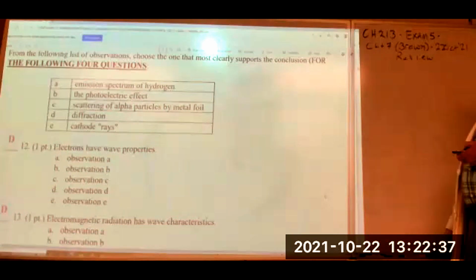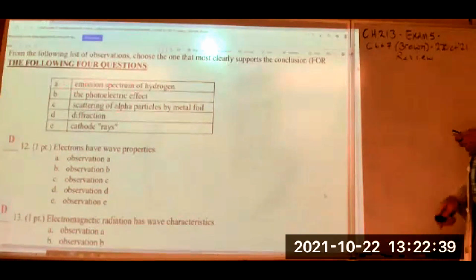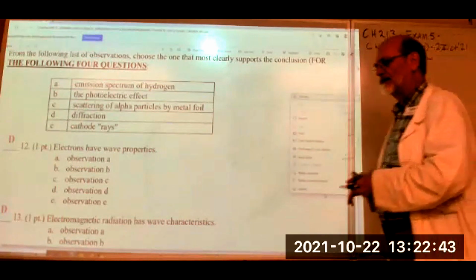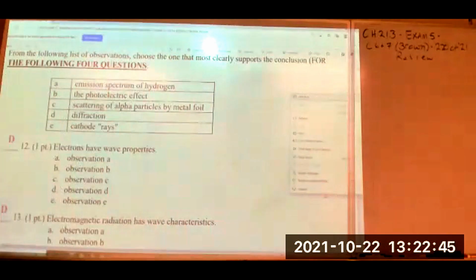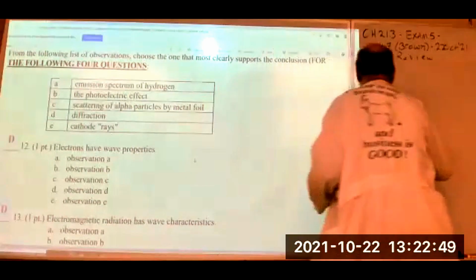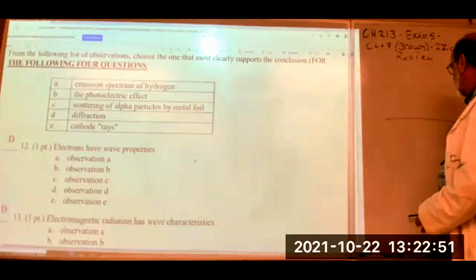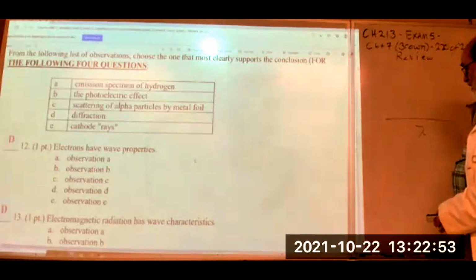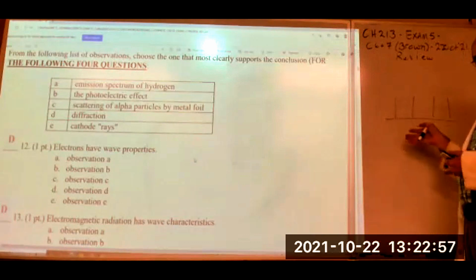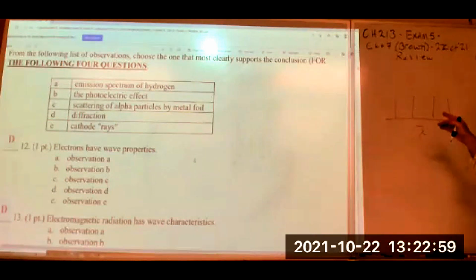So you can see the emission spectrum of hydrogen would be like wavelength, and you would see these four lines at definite wavelengths.